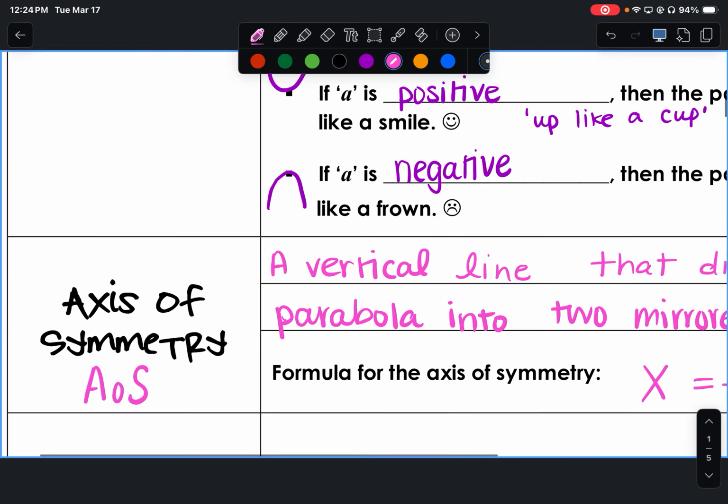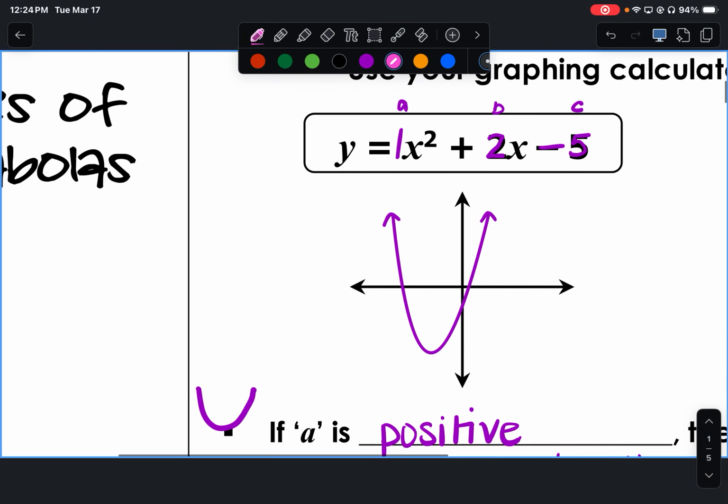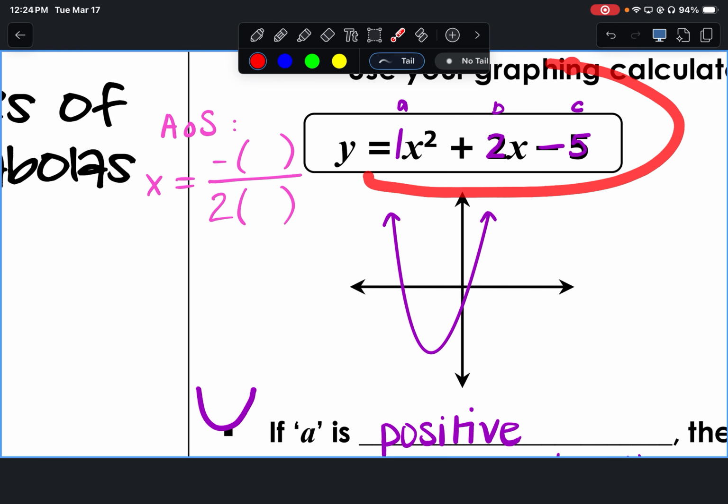So if we go back up to this first question here, we have already found our A, B, and C. So in order to find our axis of symmetry, we're going to do x is equal to negative b over 2a. But what I'm going to do is plug in the b and a from this equation.